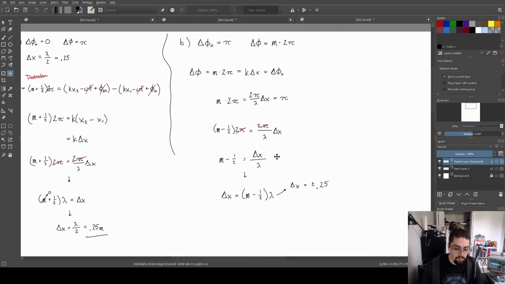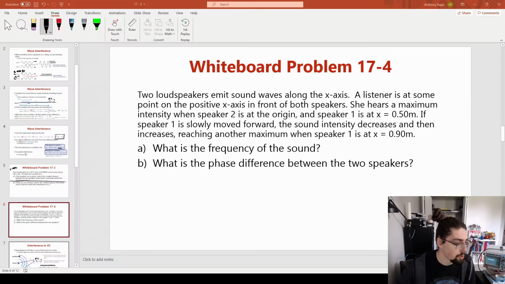All right. So let's get plenty of good practice on this one, though. Let me switch back over to this. Let's try another one. Two loudspeakers emit sound waves along the x-axis, very similar in premise to what we just saw. A listener is at some point on the positive x-axis in front of both speakers.